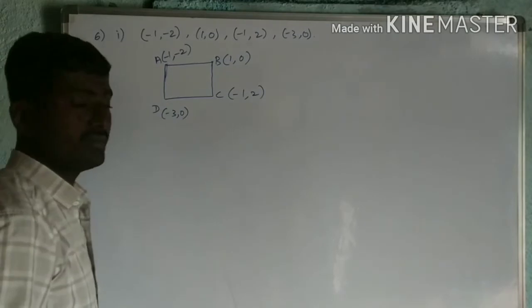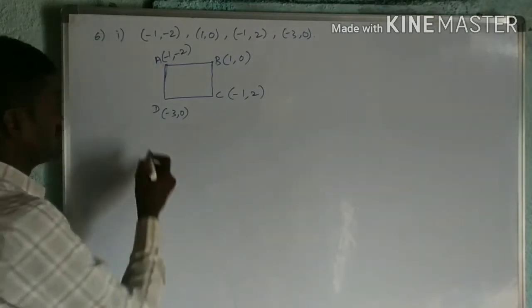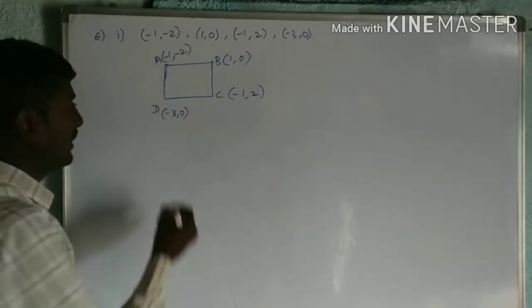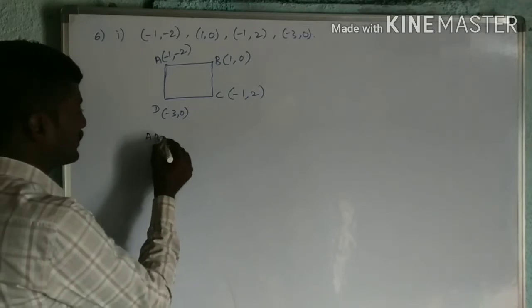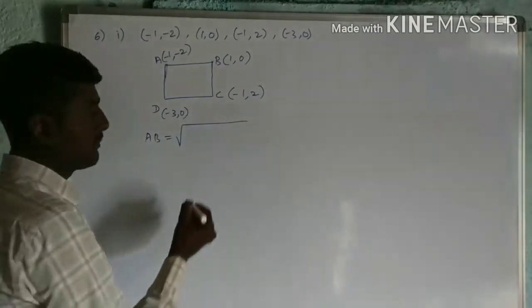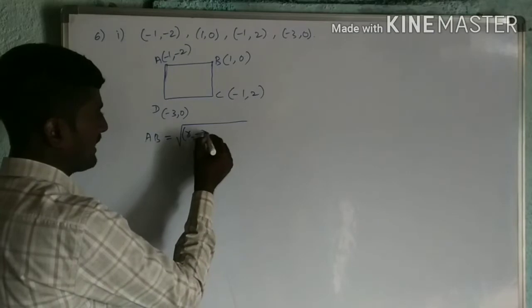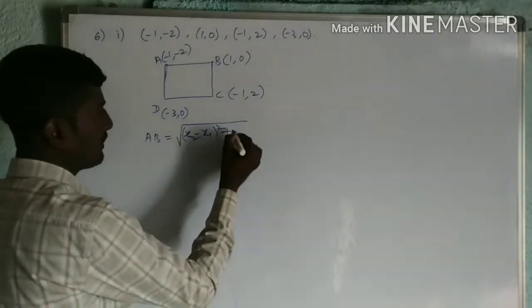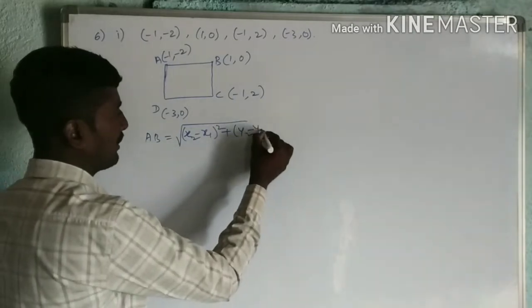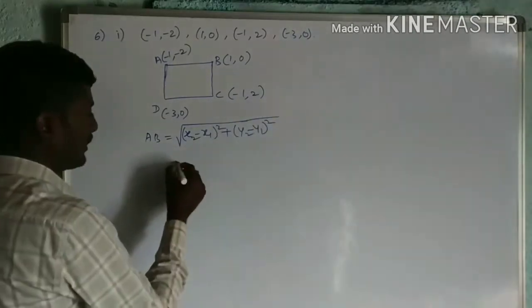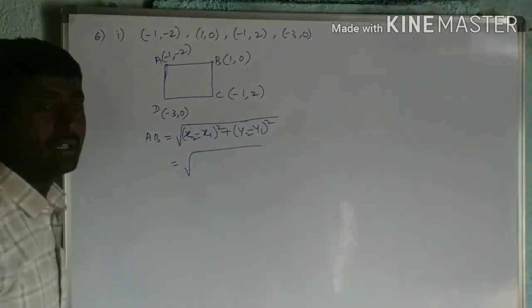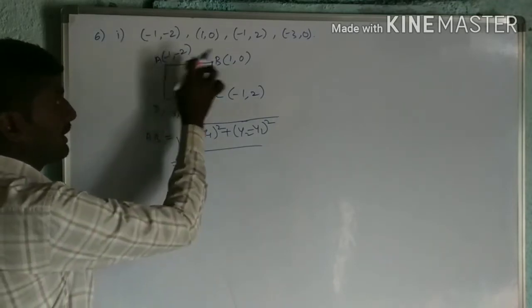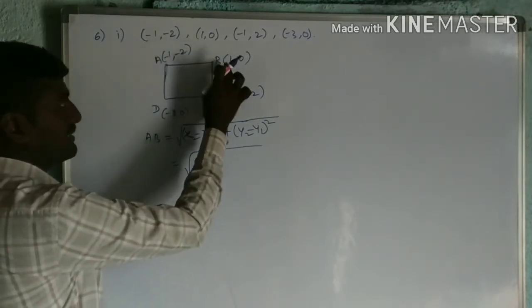Now first I have to find the side AB. AB is equal to, first you write the formula, the square root of (x2 minus x1) whole square plus (y2 minus y1) whole square. For AB, I take the A point as x1, y1 and the B point as x2, y2.